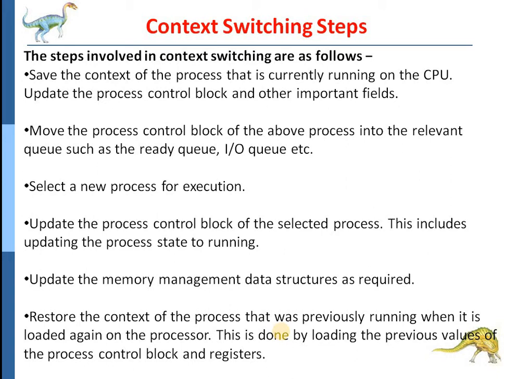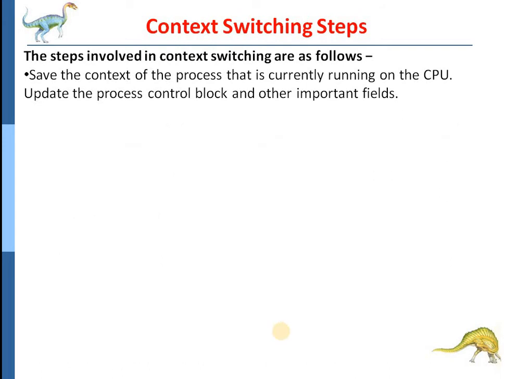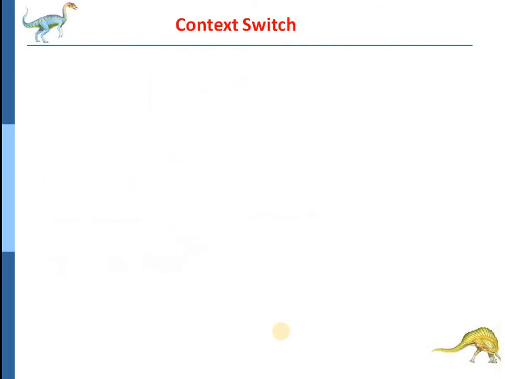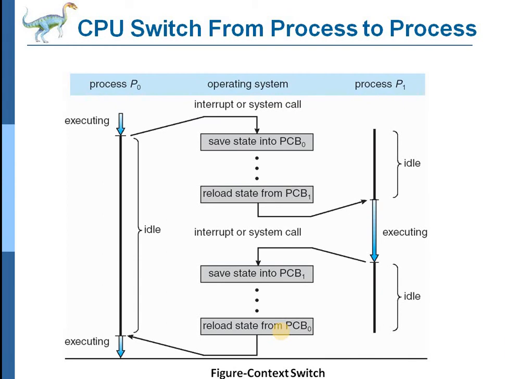These are the context switching steps, which are shown in the diagram. This diagram describes the actual steps and the actual process of context switch. Again, I will explain: there are two processes running on the operating system, process P0 and process P1.